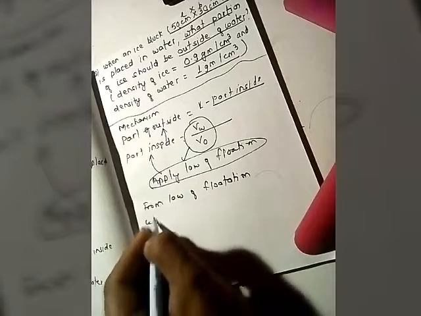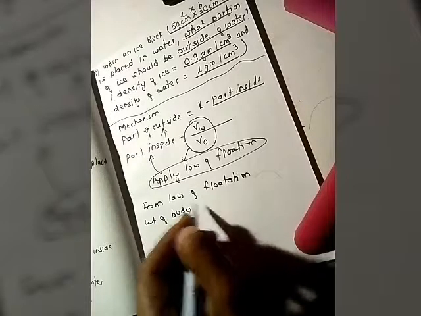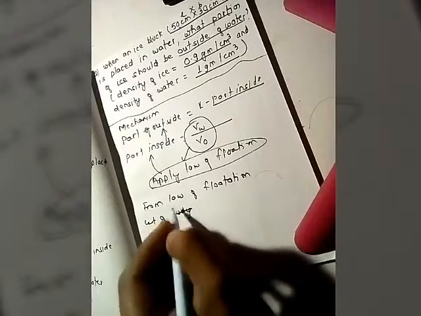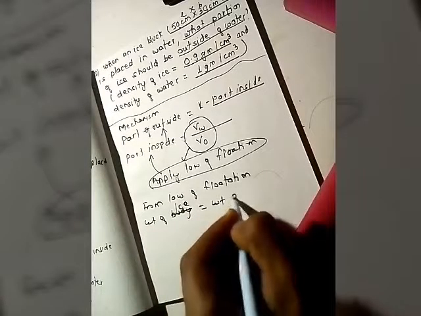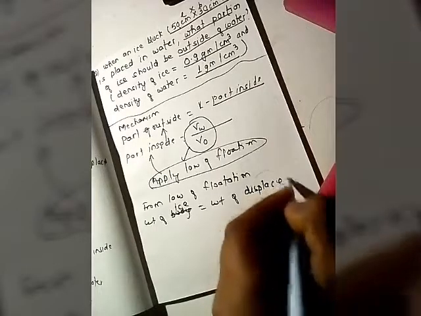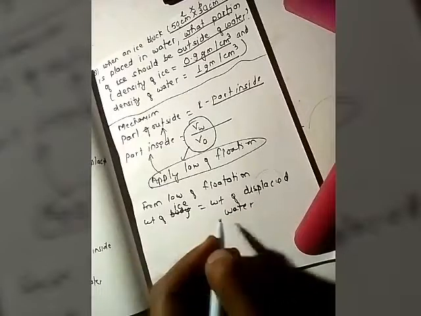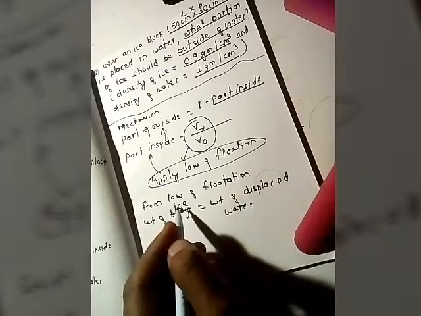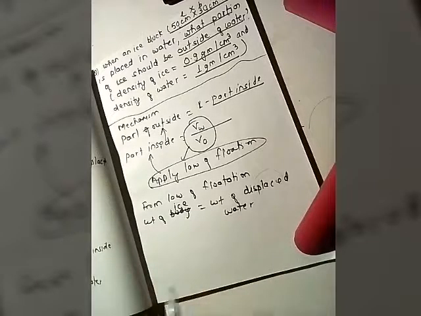In our question the body is ice, so I'll write ice here. Weight of ice is equal to weight of displaced water. This is the central idea of the law of flotation, and it's better to write the law of flotation.